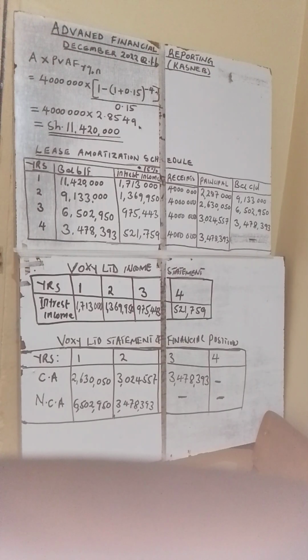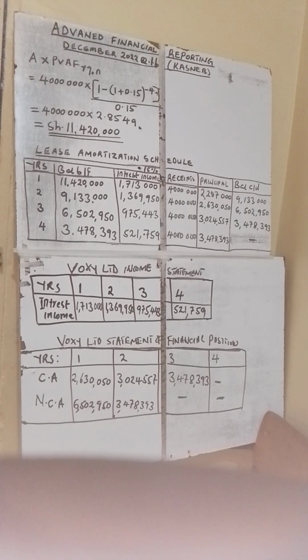So obviously, there is no transfer of this machine from the owner to the lessee. In most of the cases, as we will see in a while, the owner of this machine still retains the ownership. And as you see the two different types of leases, that is operating lease and finance lease, you'll be able to understand the concept of ownership and the transfer of ownership of this particular machine.